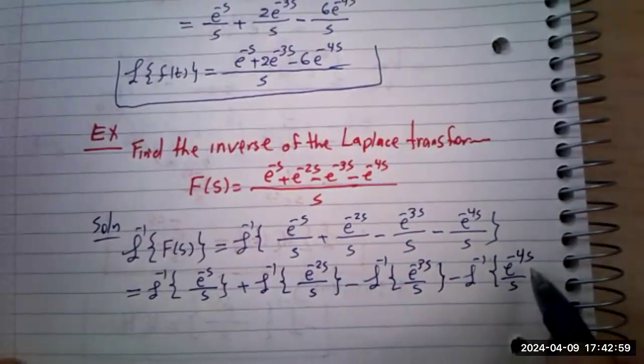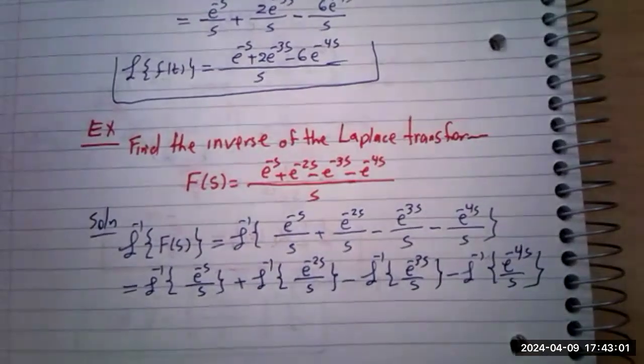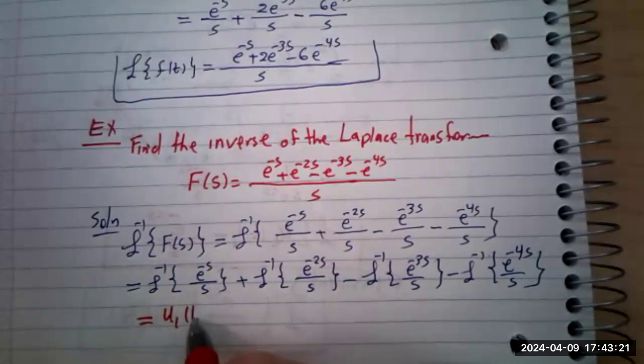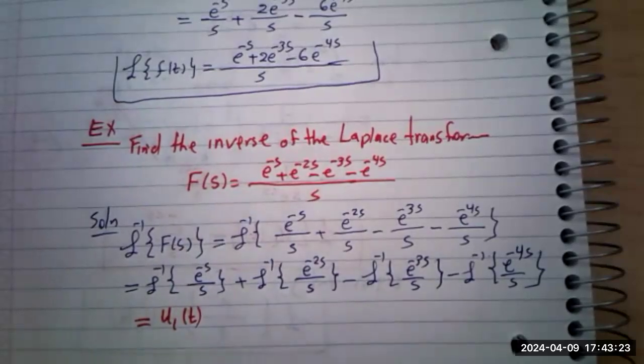You can do it right away, of course. You can look at it and just do it. Now, compare it with the formula that we have: e to the negative cs over s is the Laplace transform of u_c of t. In this case, the base is 1, so that gives you u1 of t.